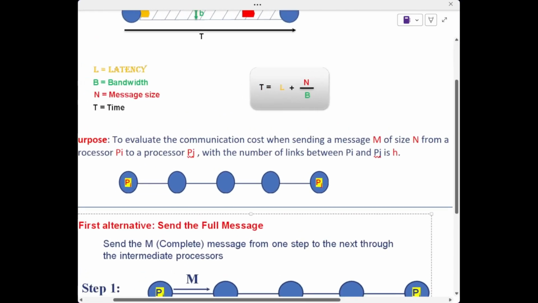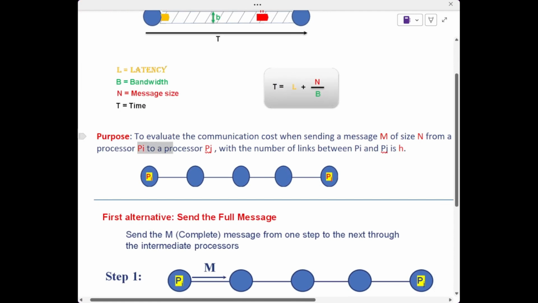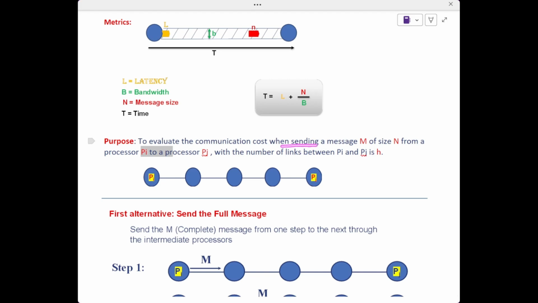Okay, so now what's the purpose? The purpose is to evaluate the communication cost when sending a message M of size N from a processor Pi to a processor Pj with the number of links between Pi and Pj being H. Meaning whatever the topology, 2D grid, 3D grid, hypercube, etc. We don't care about the topology in this chapter, but we care about the path taken through that topology. The path has H, the number of hops.